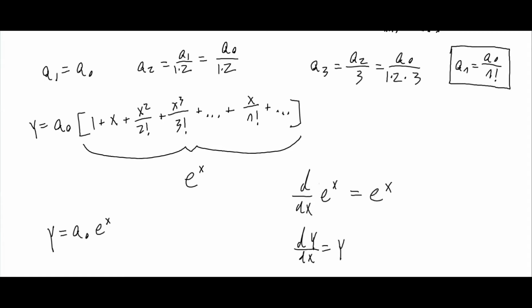And that's what we have right here. d dx of e to the x is equal to e to the power of x. And so that satisfies our differential equation. So now I want to go through one that's a little bit different.